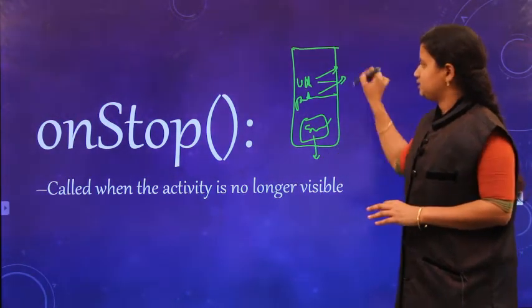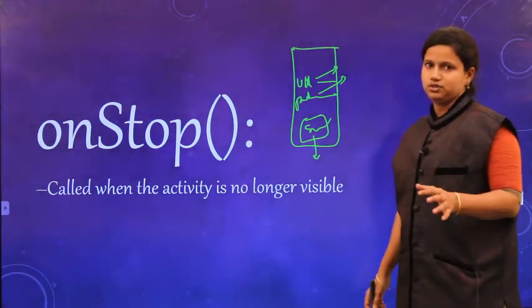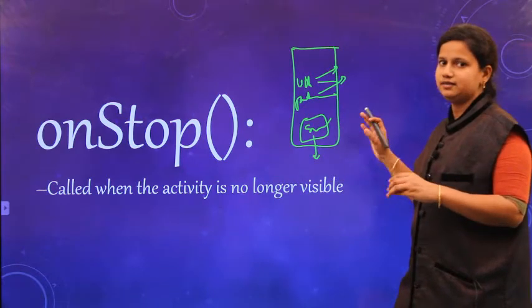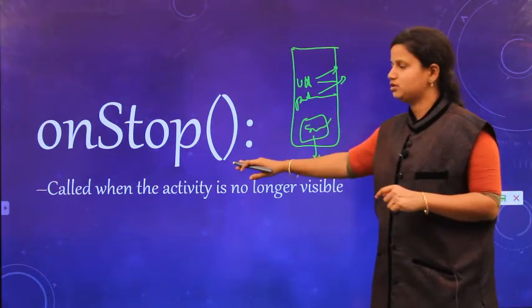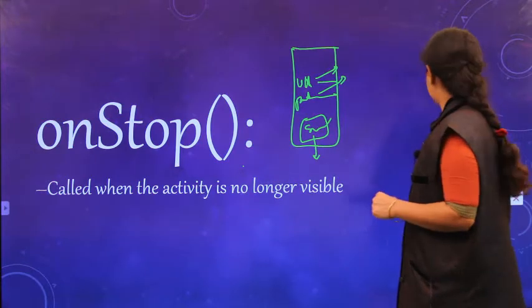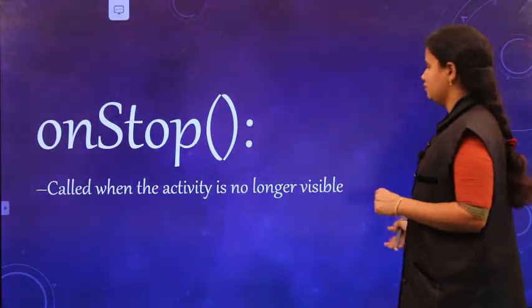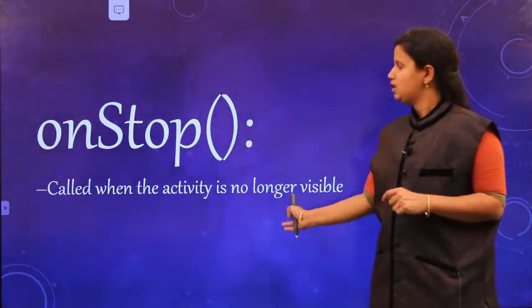This activity is not visible to the user, because you are using something else. At this situation, the onStop method is called when the activity is no longer visible to the user.